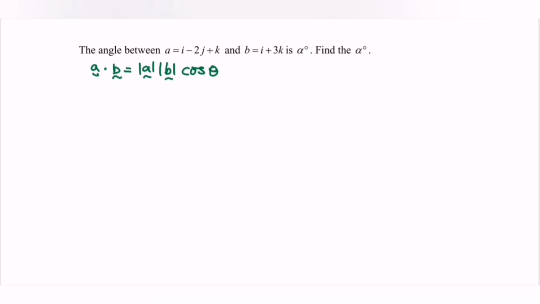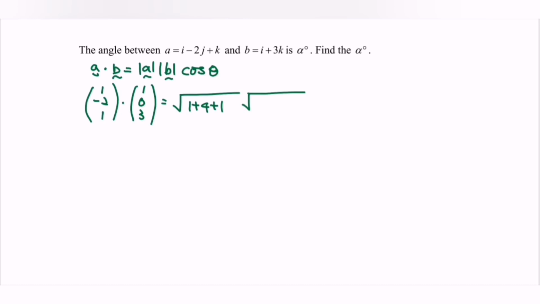By referring to the formula, kindly substitute the values and follow the instruction. At first, we have the vector A dot with the vector B, which equals the modulus of the vector A multiplied with the modulus of the vector B, and cos theta.